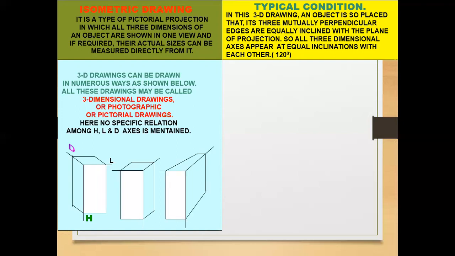So the three axes for isometric views are indicated as D, L, and H. There are three axes, which are commonly represented in an isometric view.